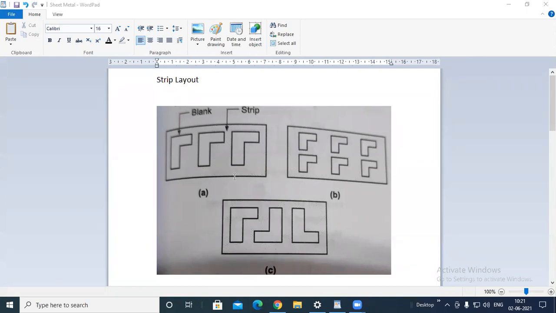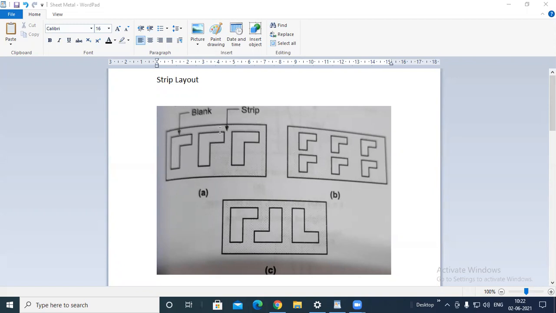So here you can see there are different ways of arranging the blanks in a strip. Let us consider the first case, case A. Here you can see the blank, which is the required part for us, and the remaining part is the strip. A strip we can also call a sheet metal sheet.